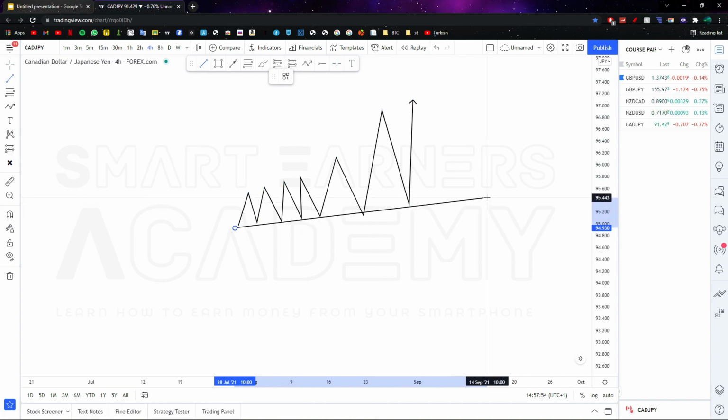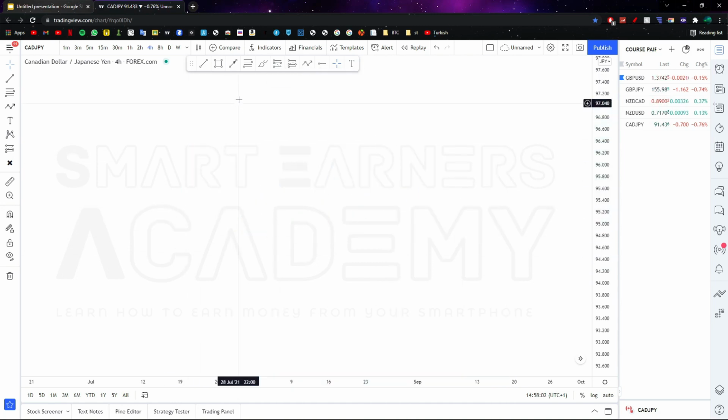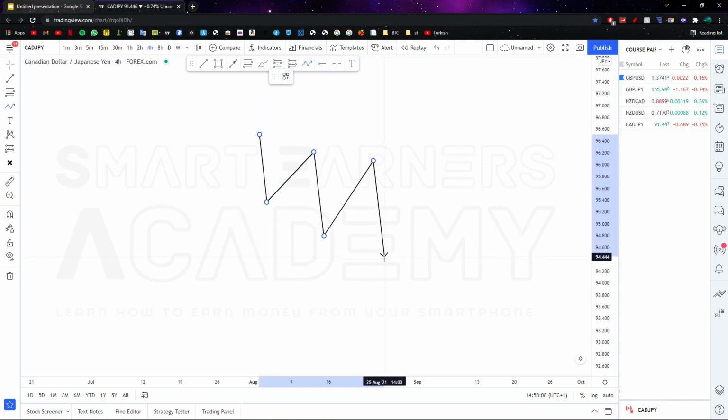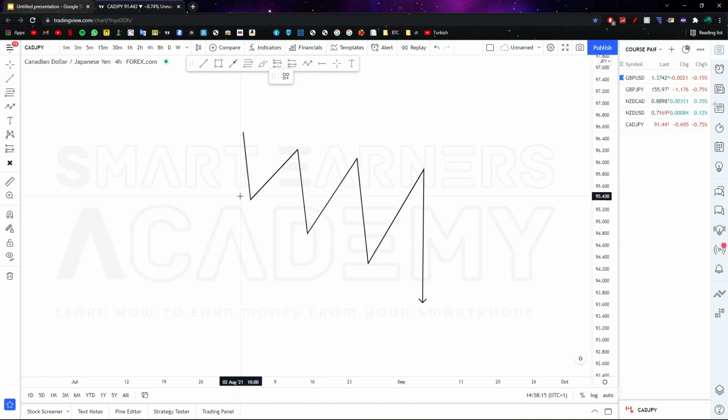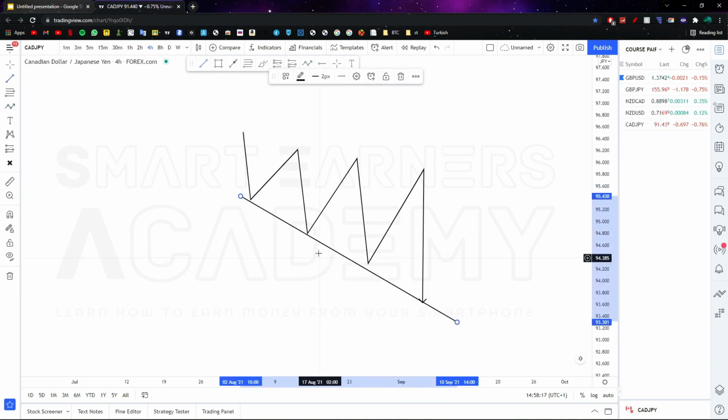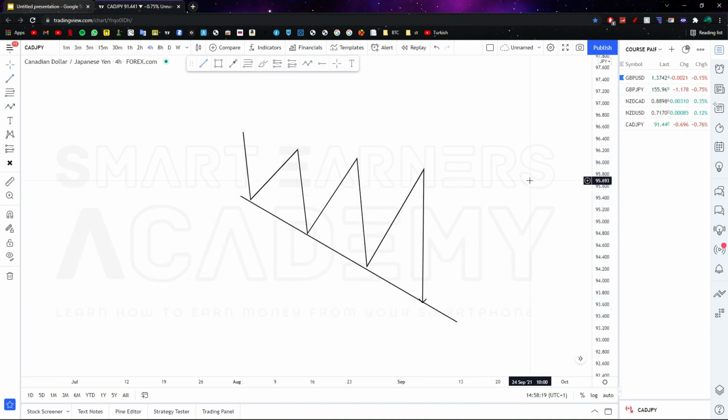So this would be an example of a trend line. It is support and resistance, but we are on an upward trajectory, and the same way if we were going downwards. So that is what a trend line is. So I'll just show you the downwards. There we go, that's a bit better. So that is a downward trend line as shown here, and these would be areas of liquidity as well.